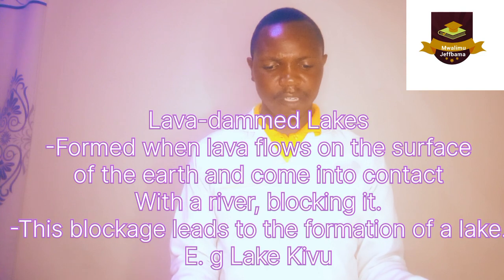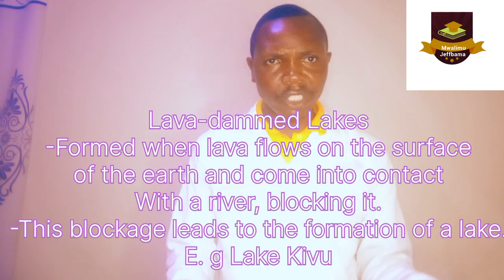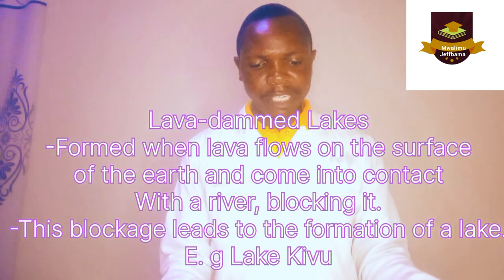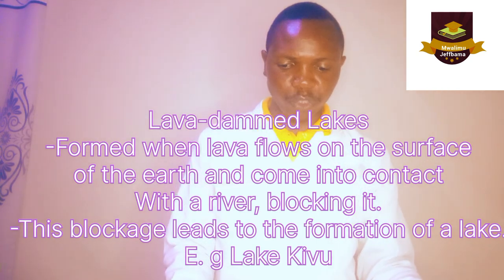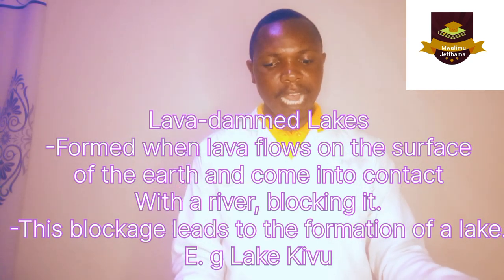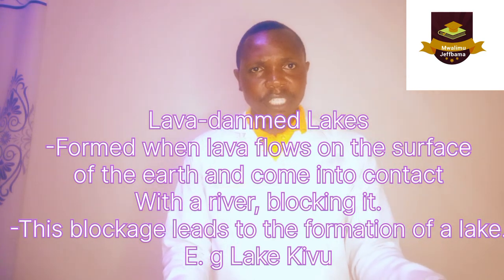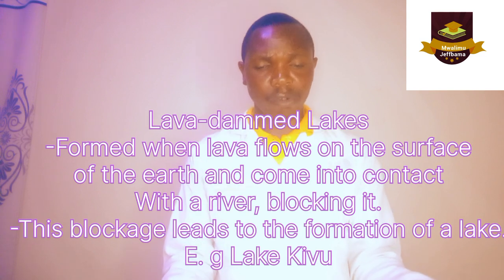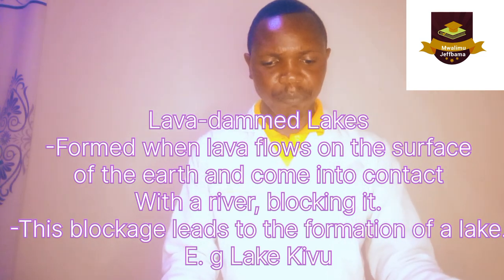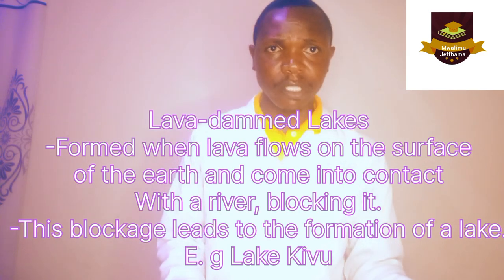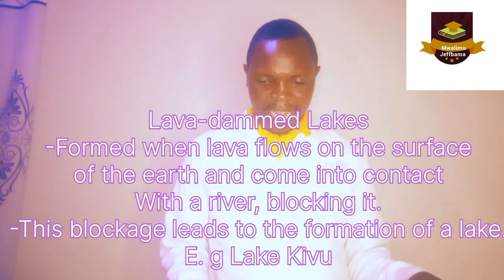When lava comes into contact with a river and blocks it, this blockage leads to the formation of what we call a lake, and that is a lava-dammed lake. Examples of lava-dammed lakes, we have one example, that is Lake Kivu. That is a good example of lava-dammed lakes.